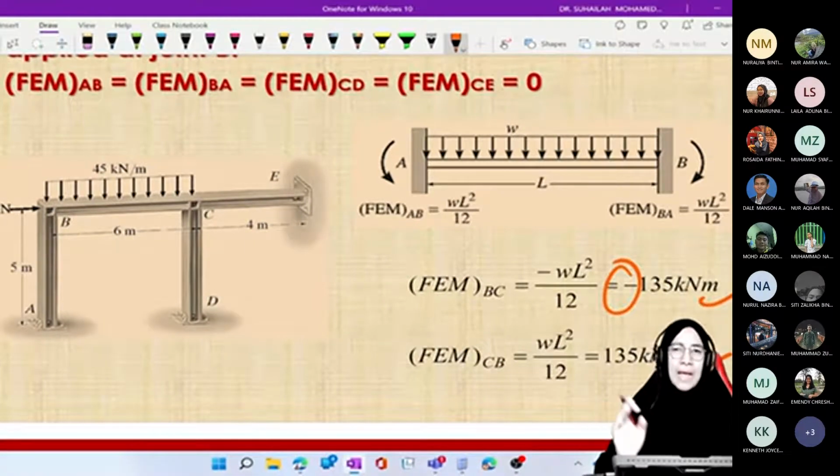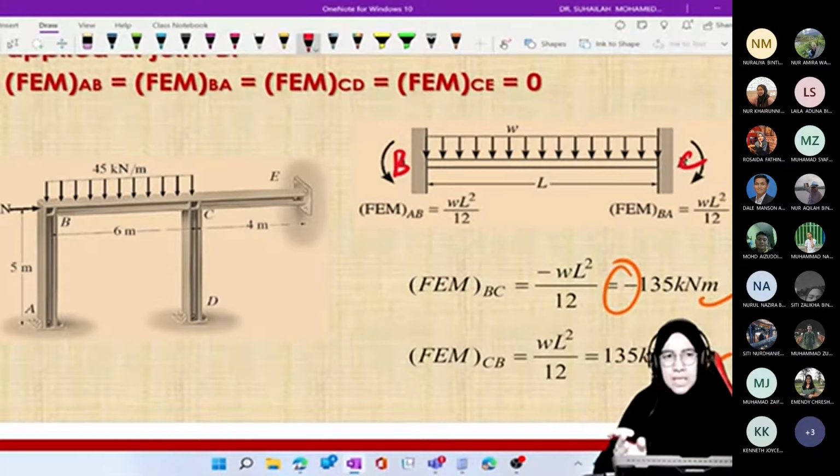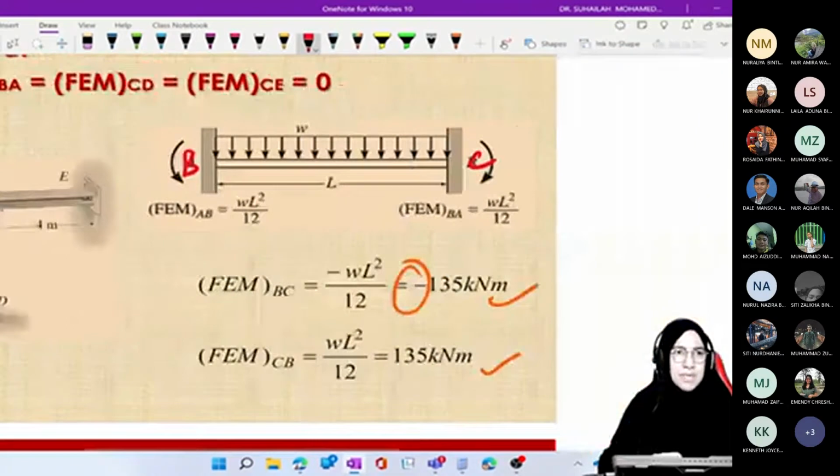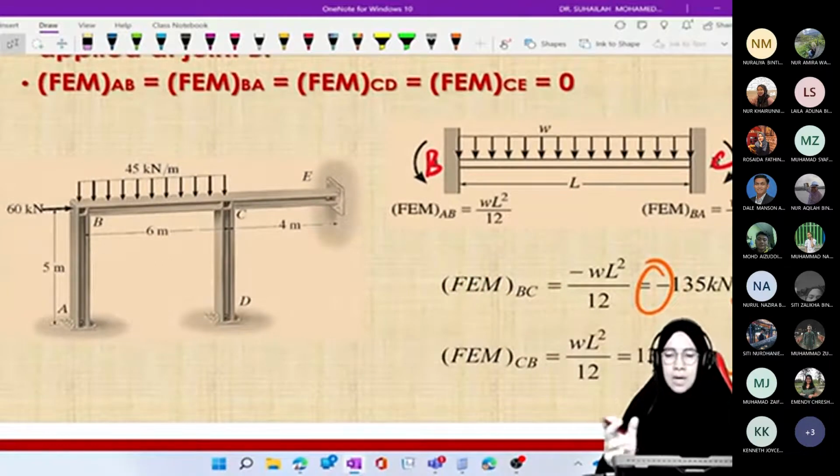We apply it at BC, not AB. This is B, this is C. FEMBC and FEMCB. This is the FEM.